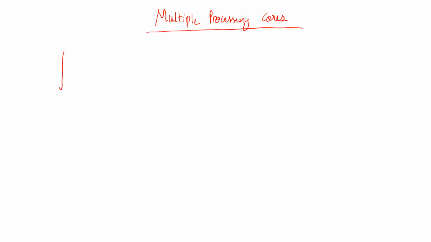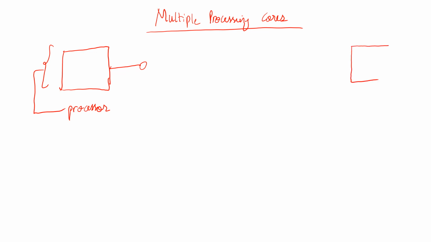So let's just take a square and assume that this square is a processor. This is connected to a socket. Now let's take three processors.